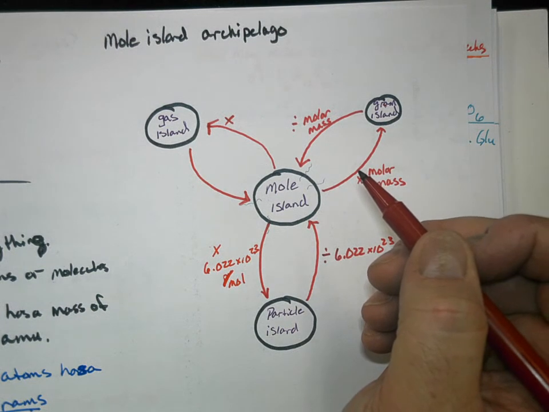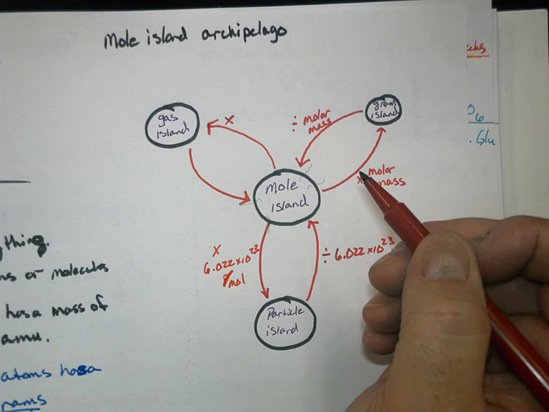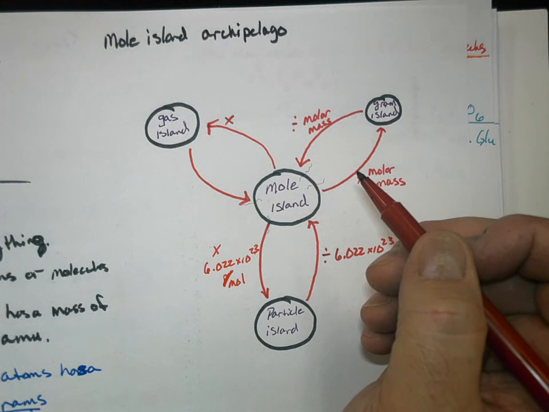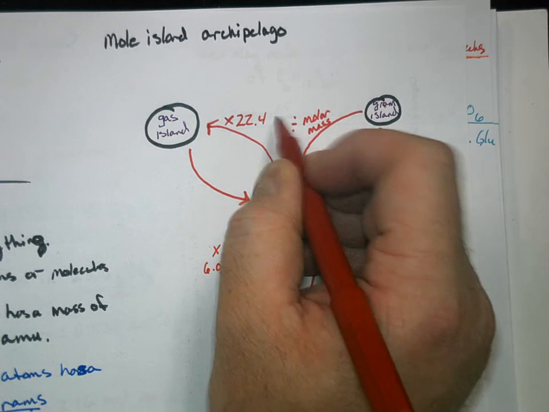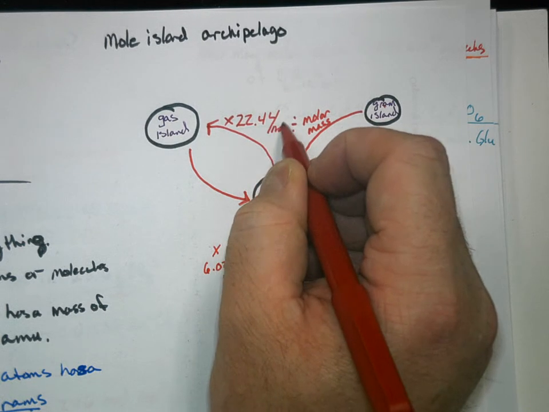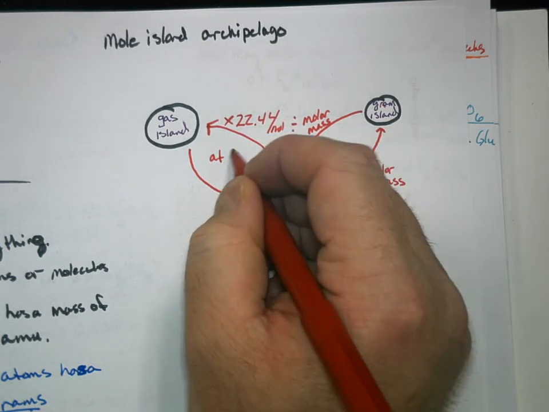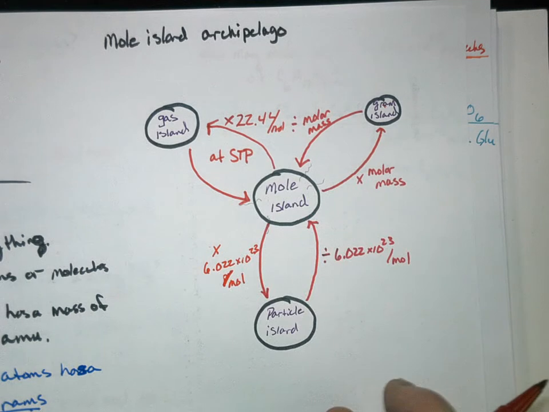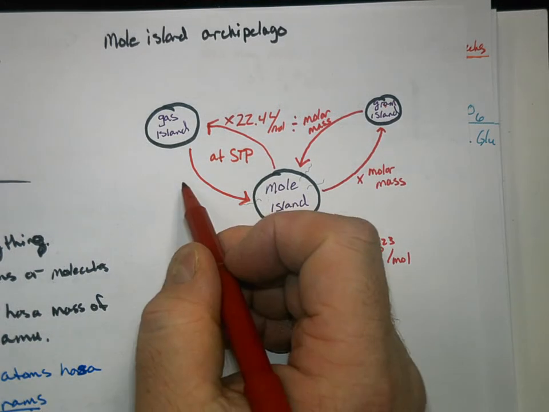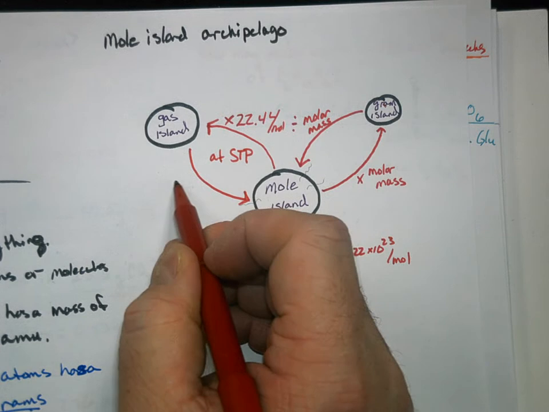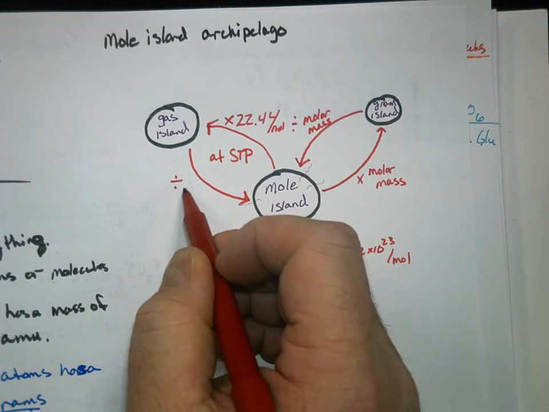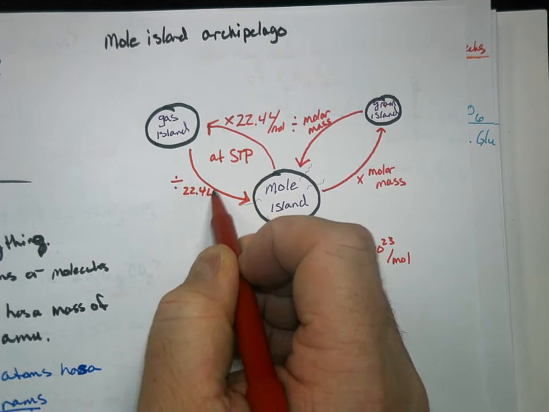No, it's the other conversion that I introduced to you guys, but we haven't used yet. 22.4 liters per mole at STP. Yep. And down here we would have what? Divide by 22.4 liters per mole.